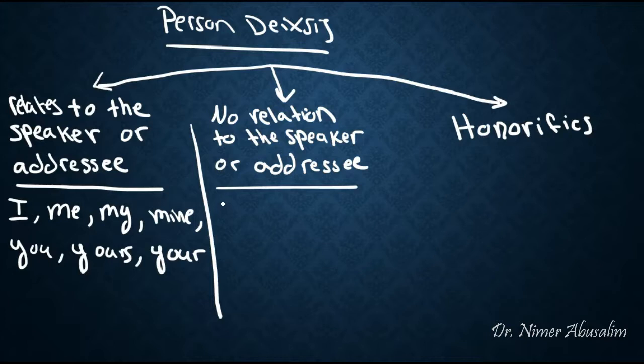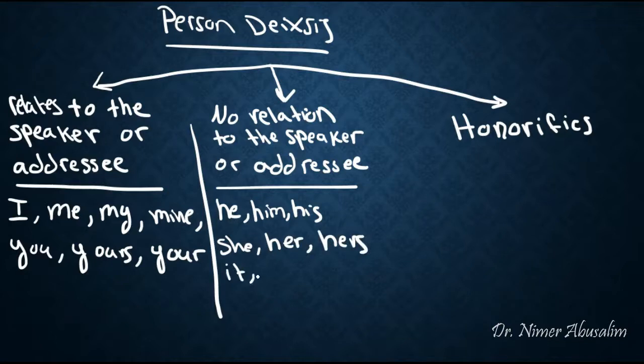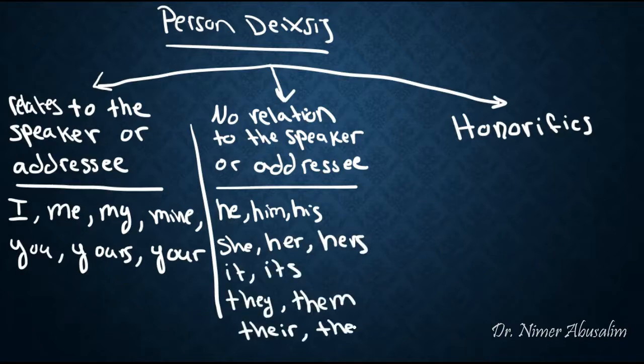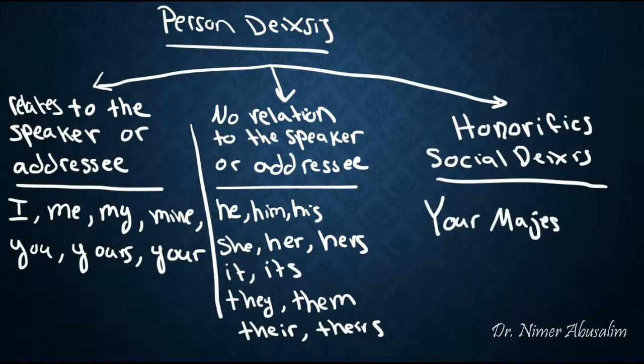Examples of the second type that have no relation to the speaker or the addressee are he, him, his, she, her, hers, it, its, they, them, their, and theirs. Now to the third part, another name for honorifics is social deixis. Examples are Your Majesty or Sir, and these of course differ from culture to culture.